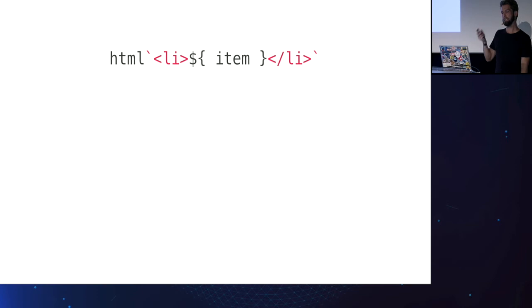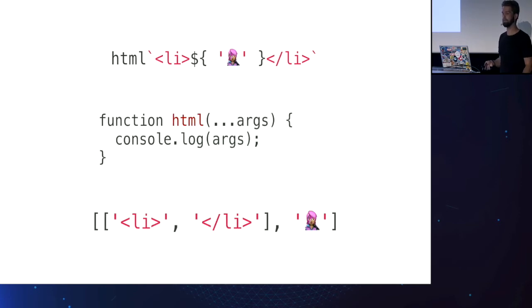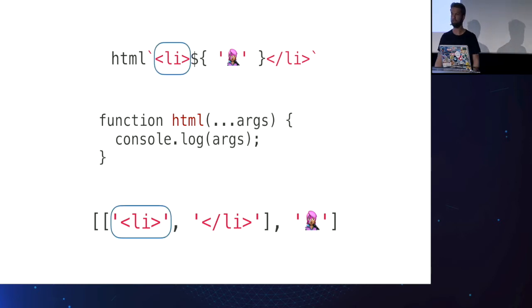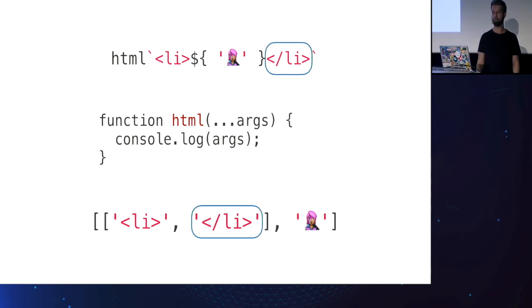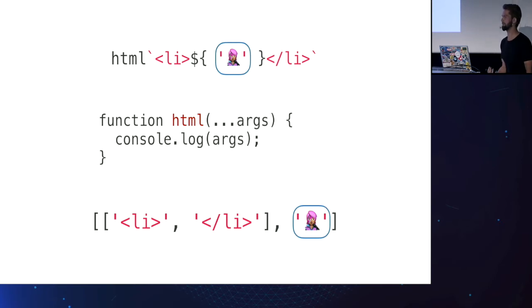In case you don't know it, this is called a tagged template literal, and basically the html there is a function that is called, and when I log the arguments here, you see that it has 2 arguments. It's an array with li elements and David Bowie. This is this one, and this is this one, and here we have a dynamic part that comes from JavaScript land, which is David Bowie.